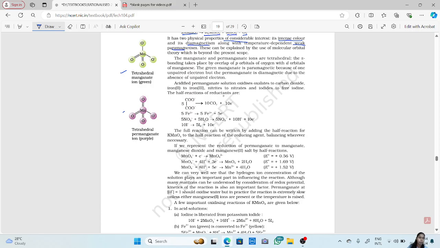with d orbitals of manganese. Now, the green manganate is paramagnetic because of one unpaired electron, but the permanganate is diamagnetic due to the absence of unpaired electrons.